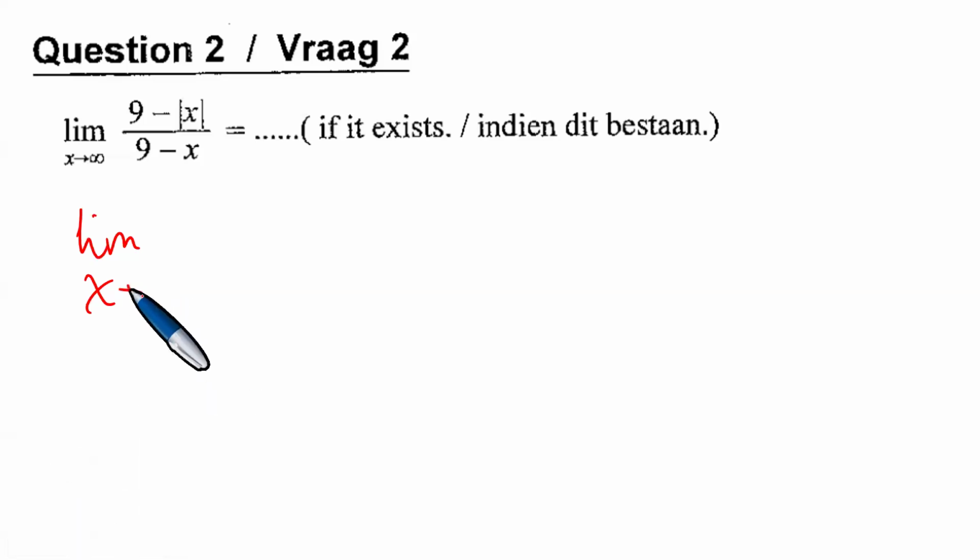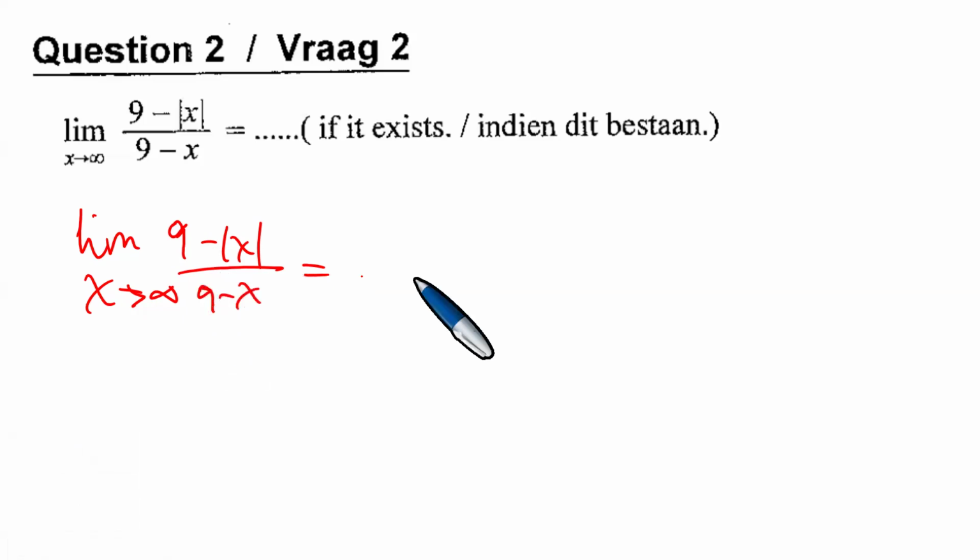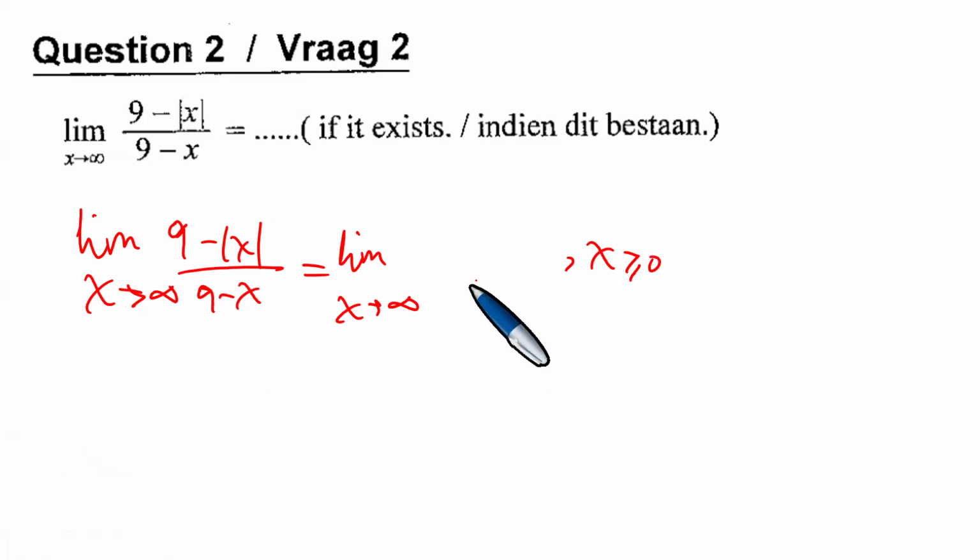Right, so we're taking the limit as x approaches infinity of 9 minus the absolute value of x, over 9 minus x. As x approaches infinity, it means that x is greater than 0.